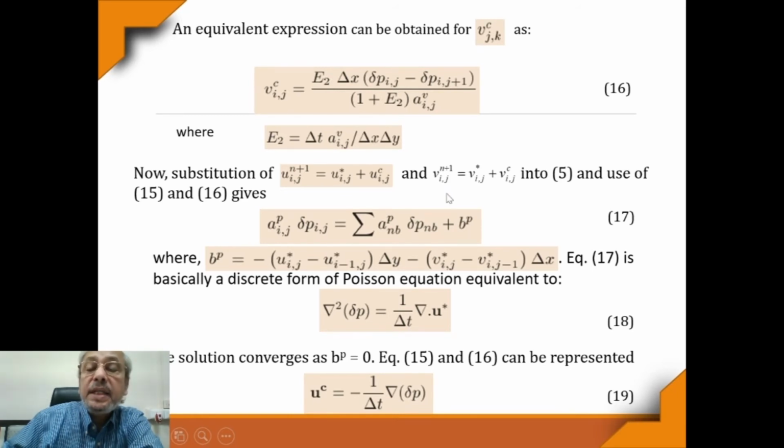Similarly, Vij-1 at the level n+1 will be substituted by the corresponding starred and correction terms. Then from there we can get equation 17, which is an equation for pressure correction. You can see delta Pij with some coefficient will be related to delta P at the neighboring points.